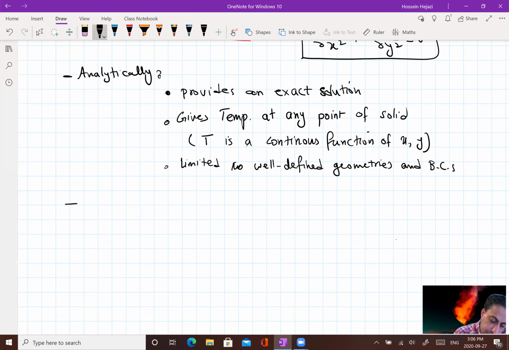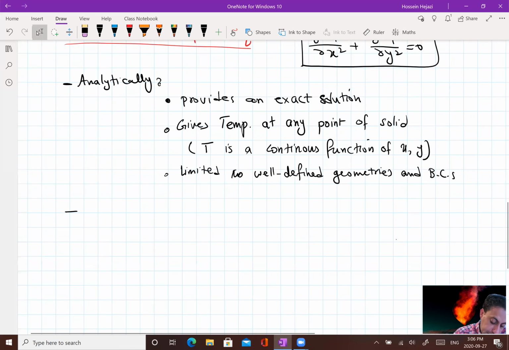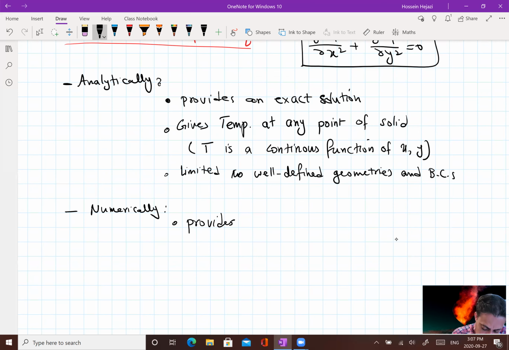Another way to solve this Laplace equation is by numerical methods. So we can solve it numerically. It has, again, its own advantages and disadvantages. One of the things here is it provides an approximate solution, at discrete points.